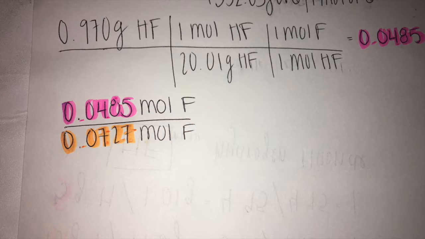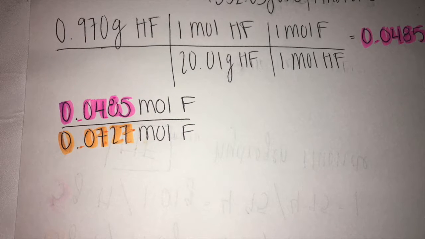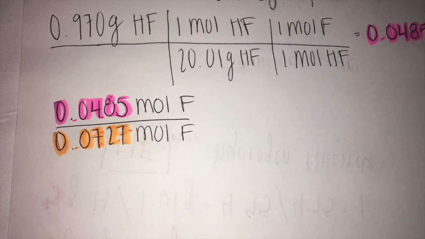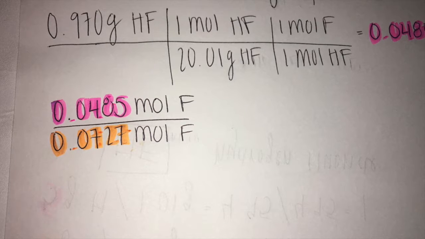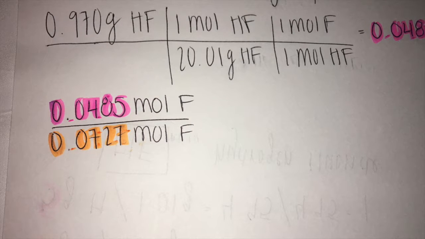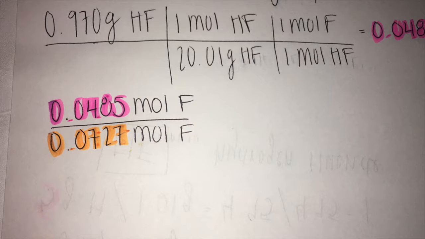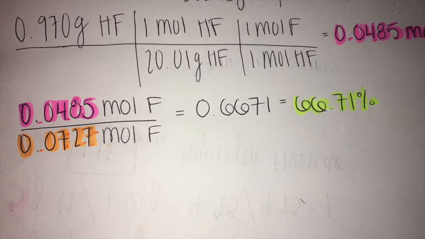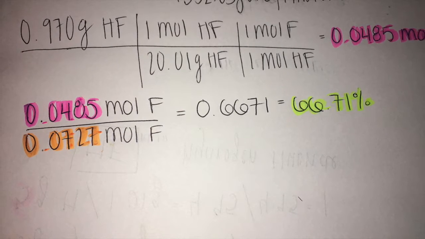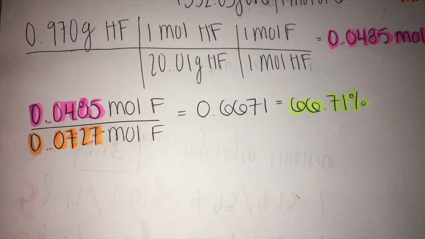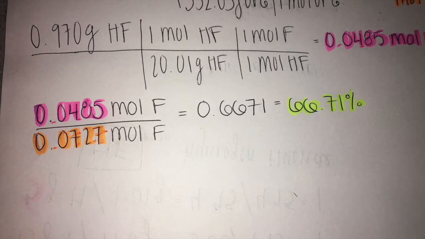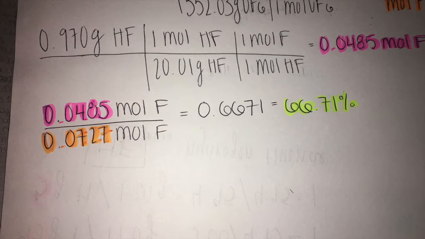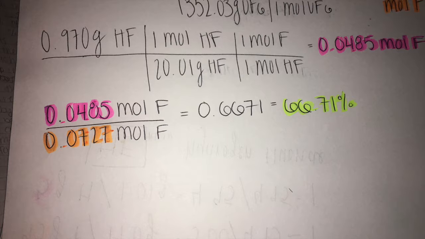We then divide 0.0485, the number of moles of fluorine given to us by 0.97 grams of hydrogen fluoride, by 0.0727 moles of fluorine, which is given to us by 4.267 grams of uranium fluoride. We then get a decimal answer of 0.6671, which can be converted into the percent 66.71%. This means that 66.71% of the fluorine in the original compound uranium fluoride is present in hydrogen fluoride.